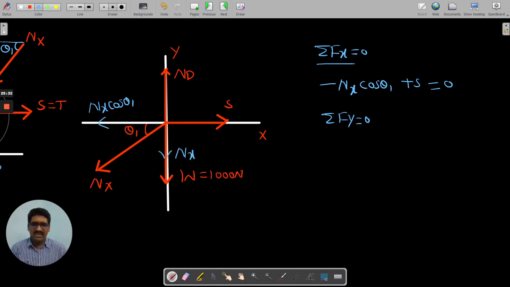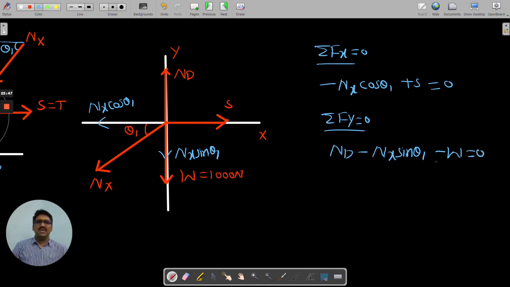This becomes NX sin theta 1. Okay. So if you apply sigma Fy equal to 0, ND minus W is equal to 0. NX is already known for us. Got the point all of you clearly? ND is already known for us. These two are already known for us. Okay. Now if you substitute, you can bring out the value of S. And even there is no need of this equation also.